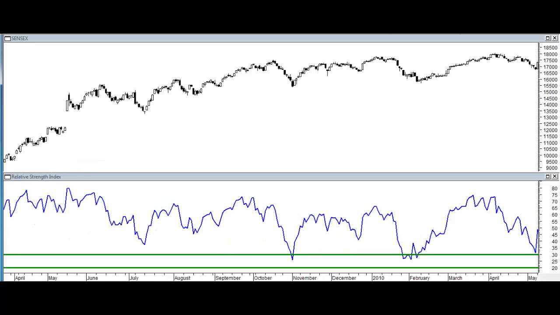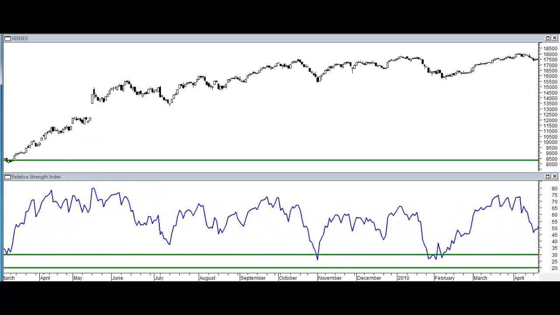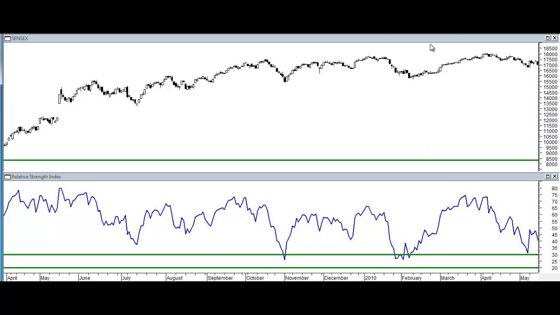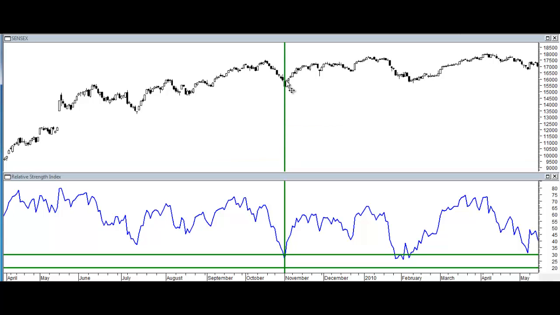Now another incident which we witnessed is in the month of November 2009, when RSI broke below 30 levels, and suddenly it got reversed from there without giving any positive divergences.